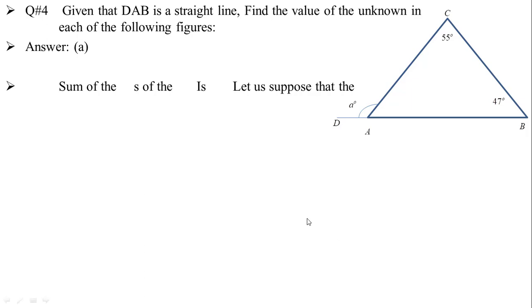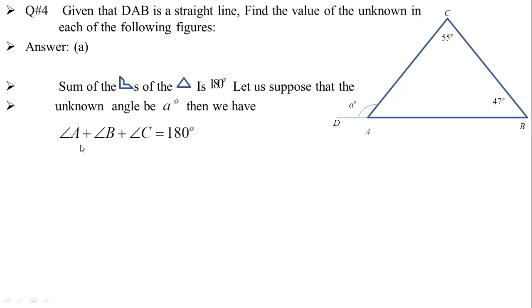We know that the sum of the angles of a triangle is 180. Let us suppose that the unknown angle is A. We have angle A plus angle B plus angle C is equal to 180 degrees.